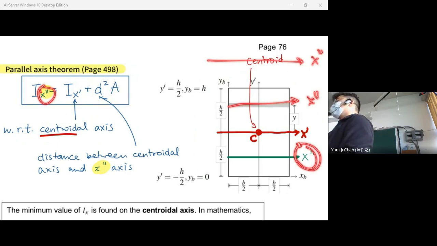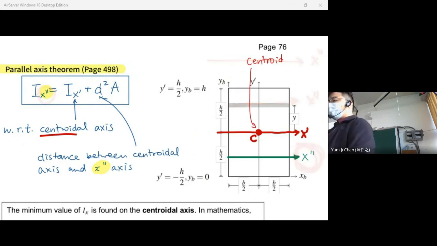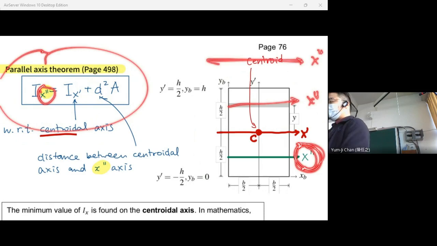you don't need to do integration again. You can use the parallel axis theorem. That's these axes are parallel.